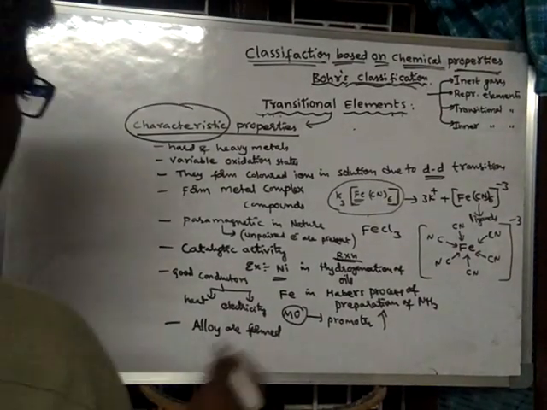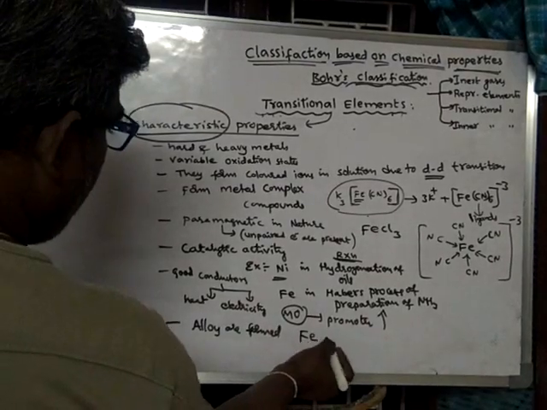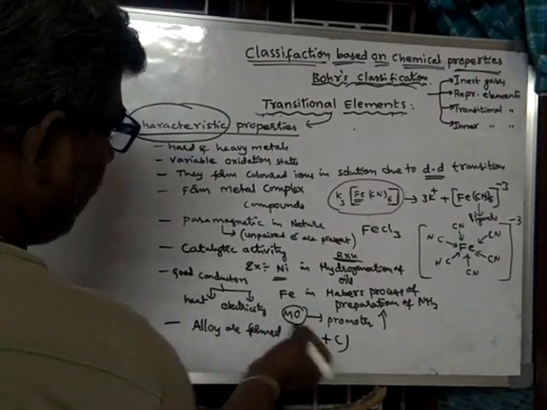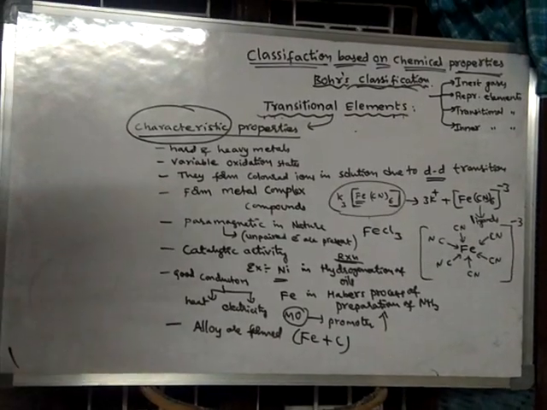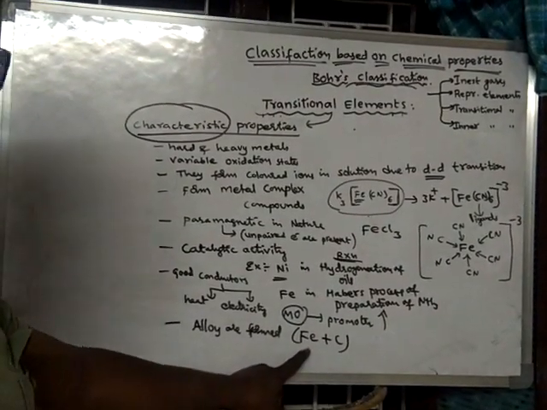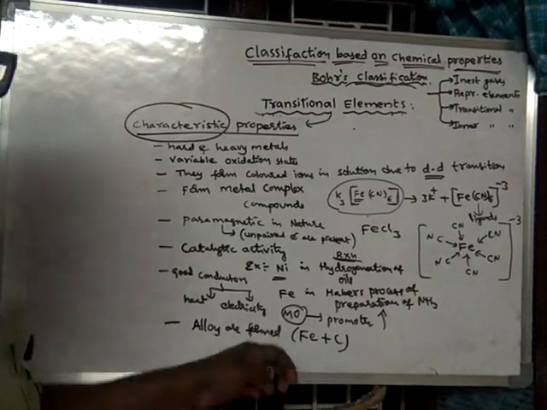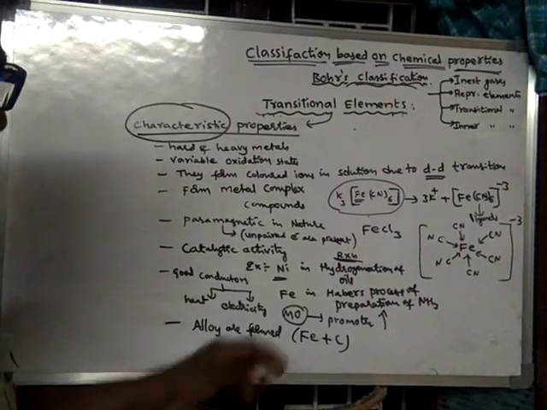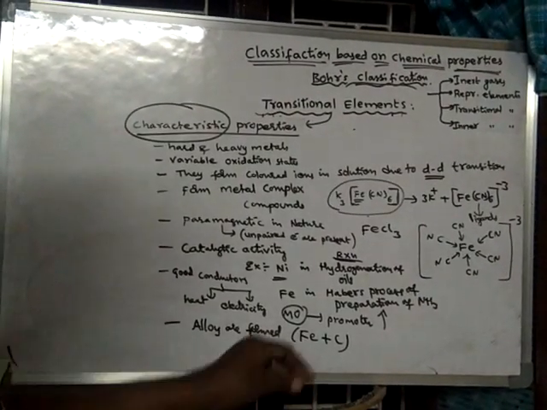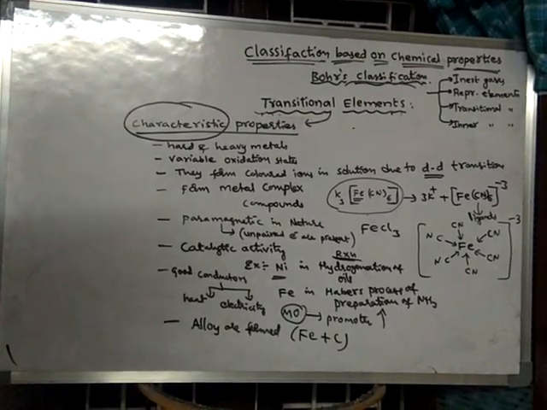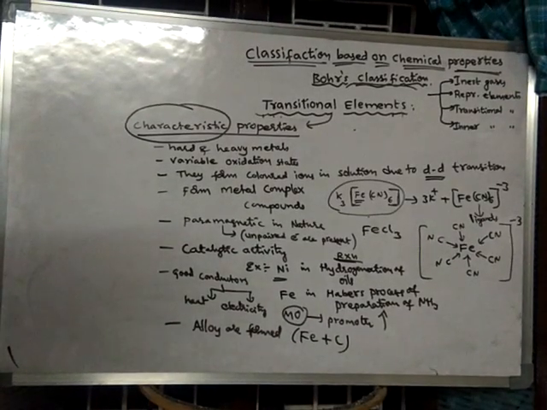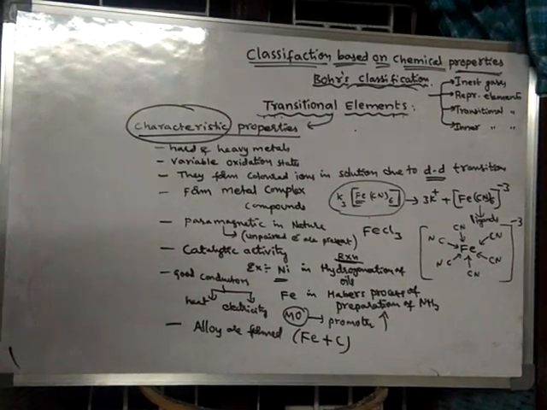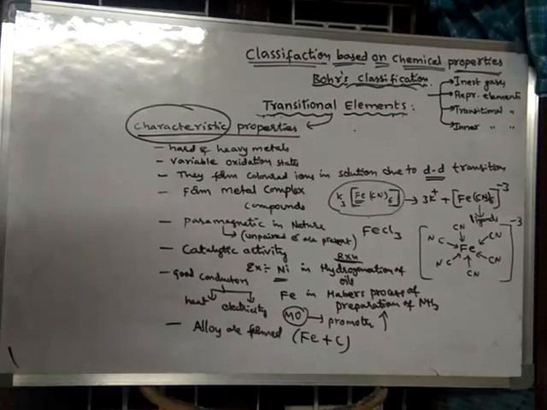For example, iron plus carbon, we call this mixture of iron and carbon steel. Iron is a soft metal, as we already learnt. With only pure iron we cannot build bridges or any constructions, because those constructions will collapse if you use only pure iron.